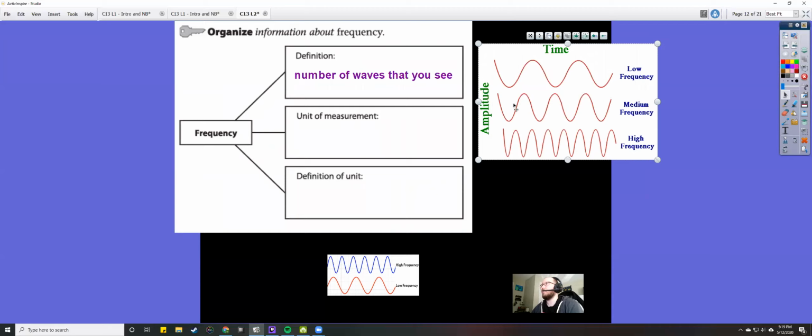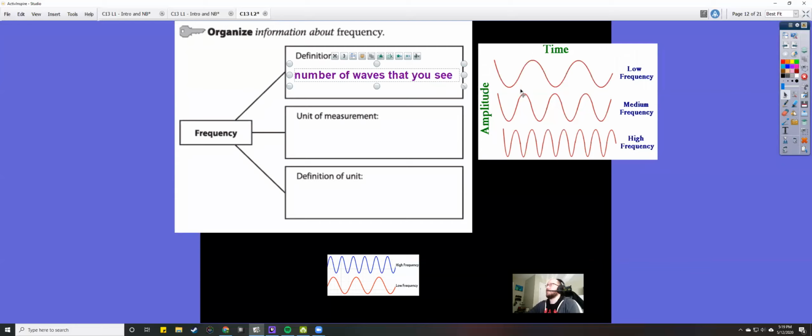So this is almost 4. So the frequency is higher. And if we look here, we can see 1, 2, 3, 4, 5, 6, 7, and then a little tail here. So we have approximately 7 wavelengths here. So we go from 2.5 to almost 4 to 7: low frequency, medium frequency, high frequency.